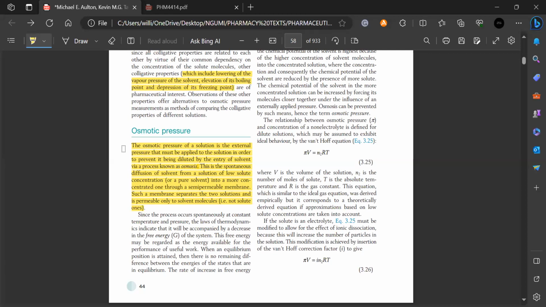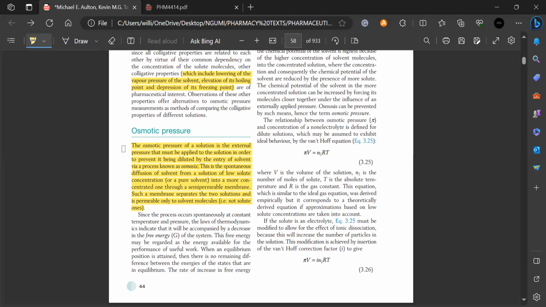Remember, for dilution to occur, we're talking about a solvent coming in. So if we had tea, the osmotic pressure would be how it would prevent water from coming in and diluting the whole thing.